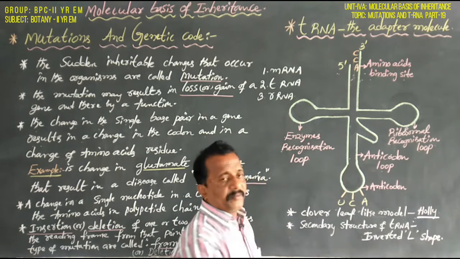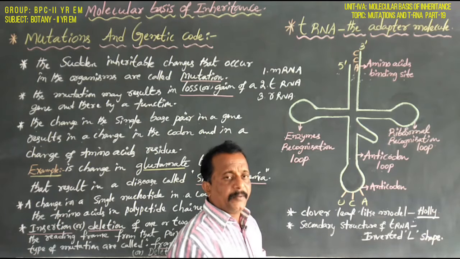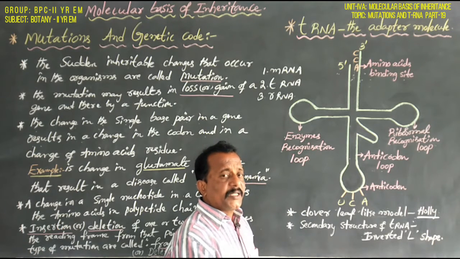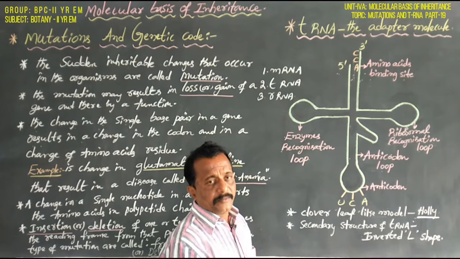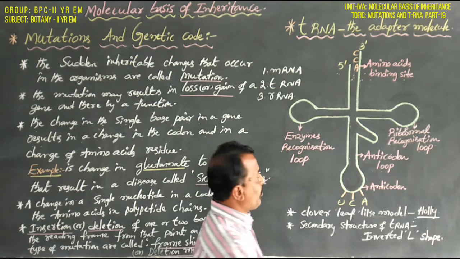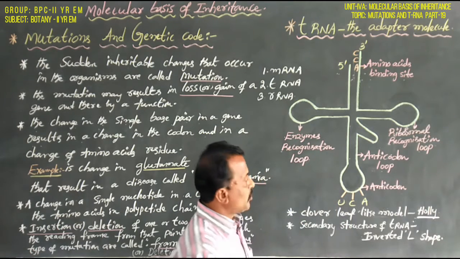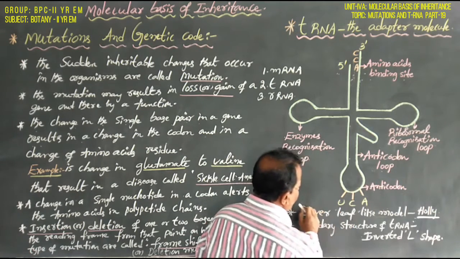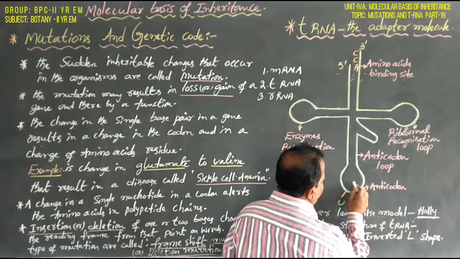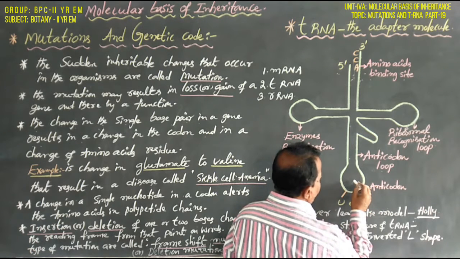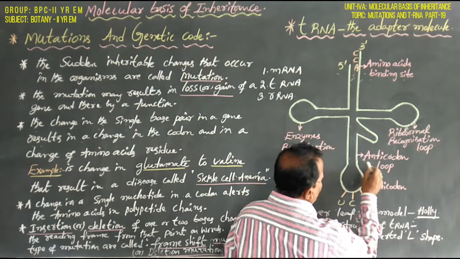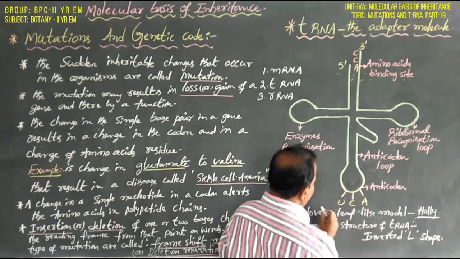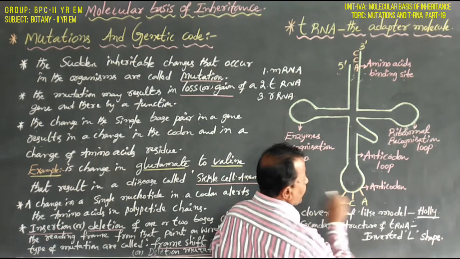Because this is RNA. RNA contains adenine, uracil, cytosine, guanine. Thymine is replaced by uracil. In this anticodon loop, the tRNA anticodon is attached to the mRNA.